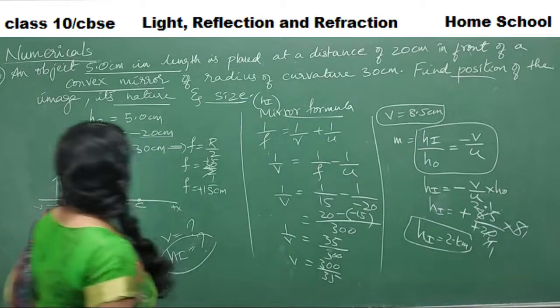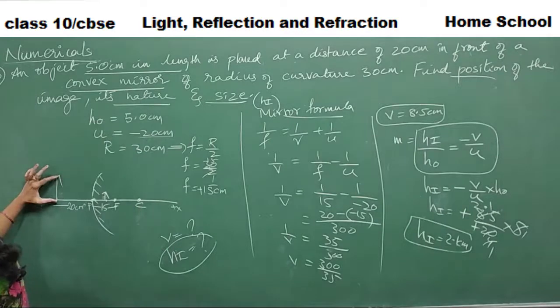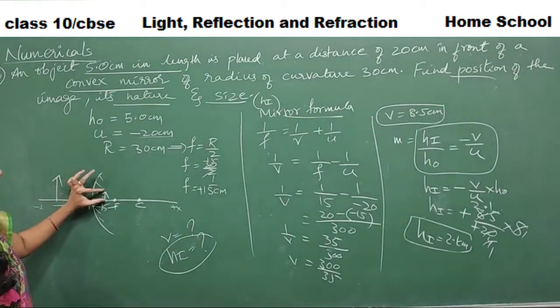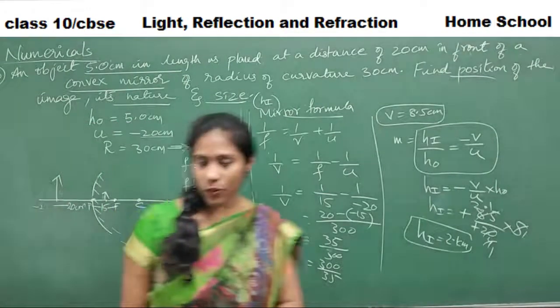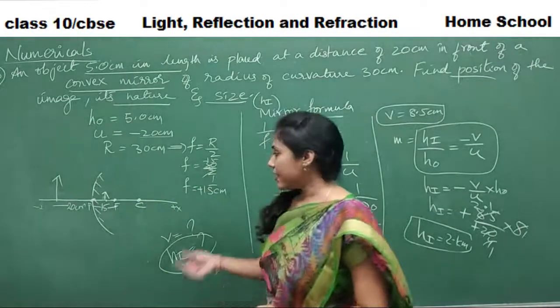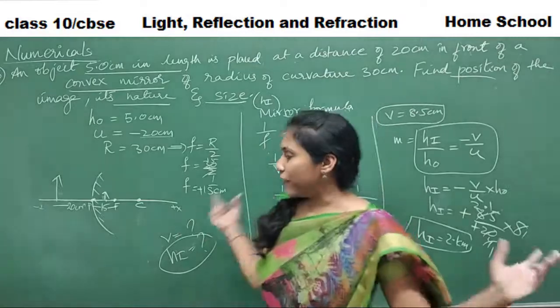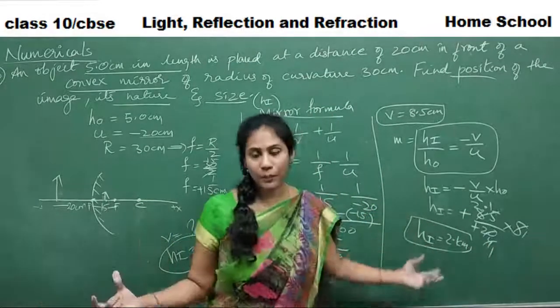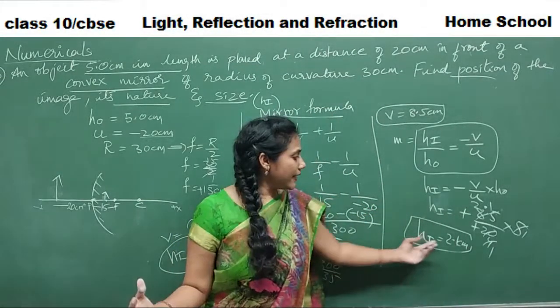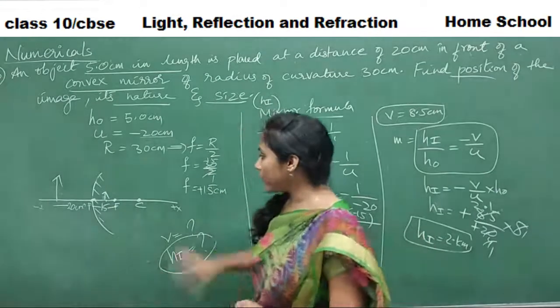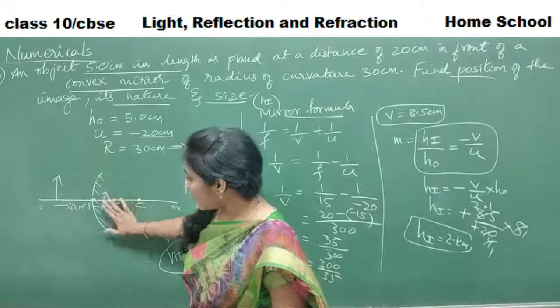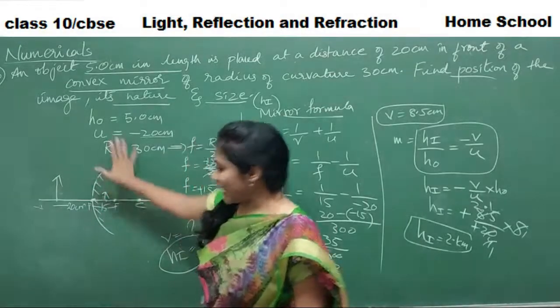See here, object is 5 centimeter, but the image is just 2 centimeter. Definitely in case of convex, we get diminished images. Yes or no? This is how you have to calculate the problem. And you got the height of the image as a positive value, 2.1. Yes or no? The image is upright, that shows that the image is erect.